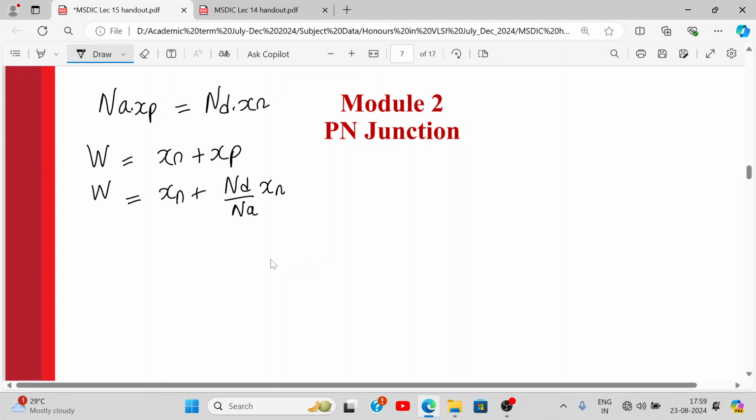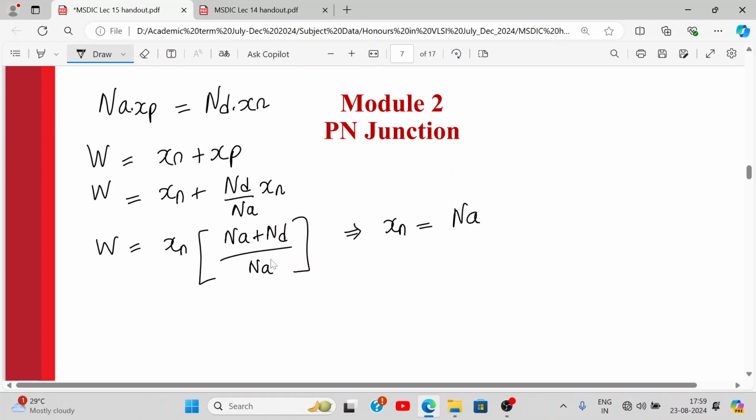Yes or no? So W is Xn into, what is the relation? Na plus Nd upon Na. So what is Xn from here? Na upon Na plus Nd into W. Matlab, this is the formula. If you know the value of W, you can find Xn.